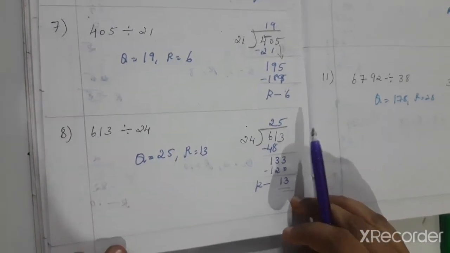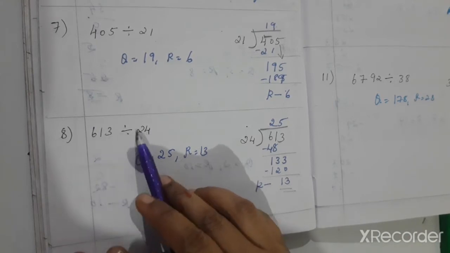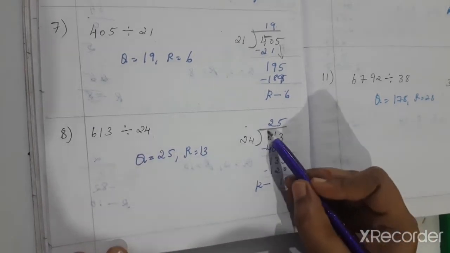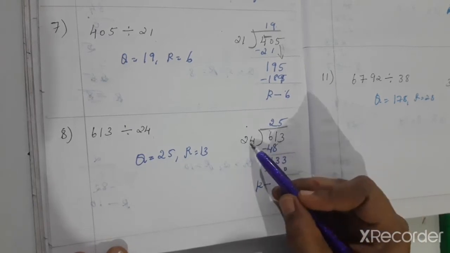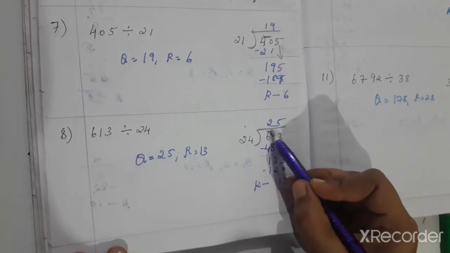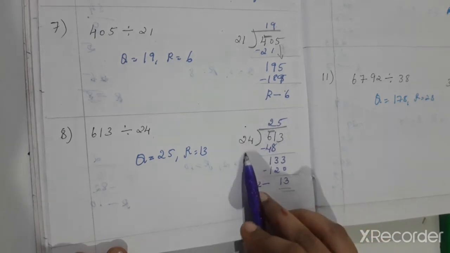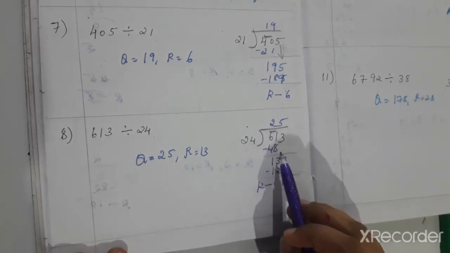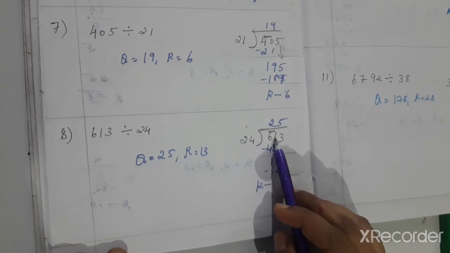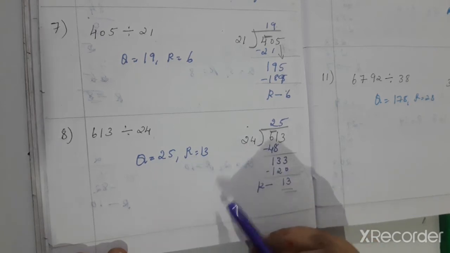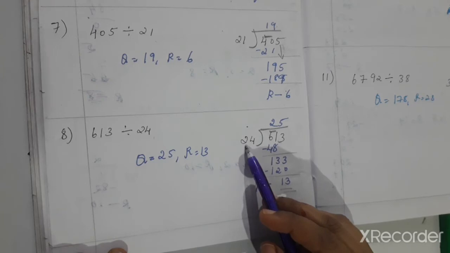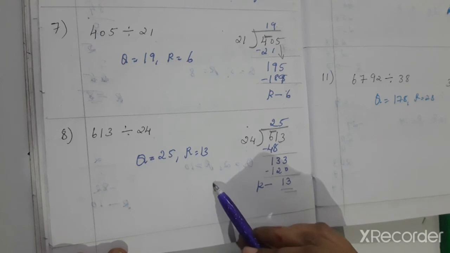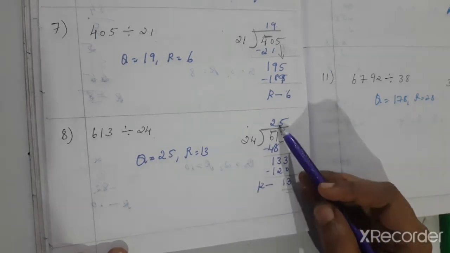Next, 8th question, 613 divided by 24. So 24 here, 613. Can we take only 6? No, because 6 is less than 24. We have to consider 2 digits, that is 61. 24 2s are 48. 24 3s is 72, that is greater than this number. We have to multiply and check which is the nearer one, because we can't remember the 24 times tables.